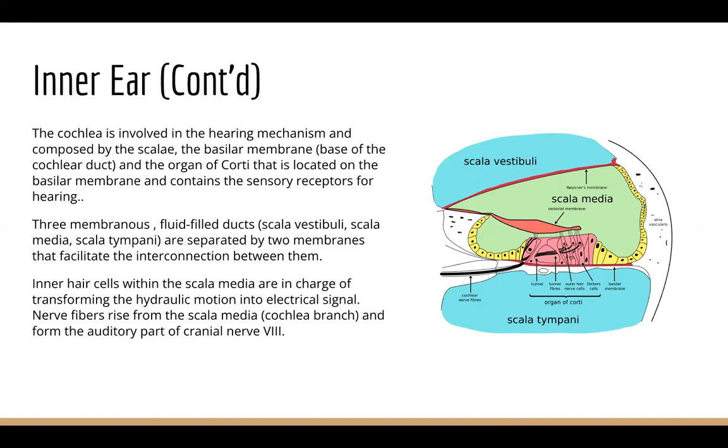Three membranous fluid-filled ducts, the scala vestibuli, the scala media, and the scala tympani, are separated by two membranes that facilitate the interconnection between them. Inner hair cells within the scala media are in charge of transforming the hydraulic motions into electrical signals. Nerve fibers rise from the scala media, from the cochlear branch, and form the auditory part of the cranial nerve 8.